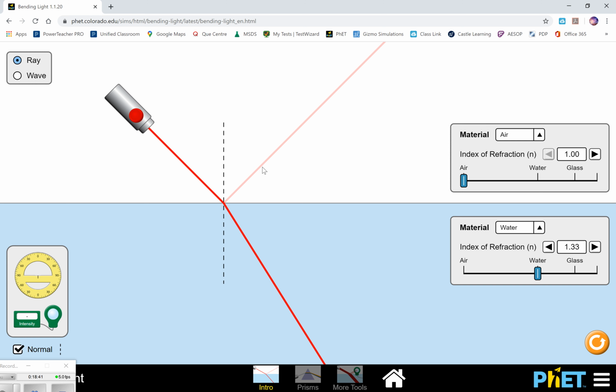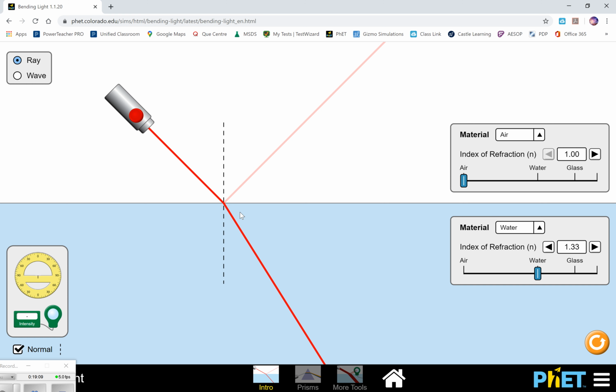We have a reflected ray, which is being reflected off of this boundary. And we have one that is being refracted. It's trying to move from the air through the water, but because this ray from this laser pointer is traveling at a different speed in the air than it is in the water, we're seeing a little bit of a direction change.